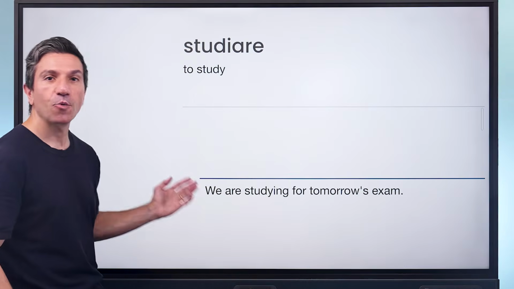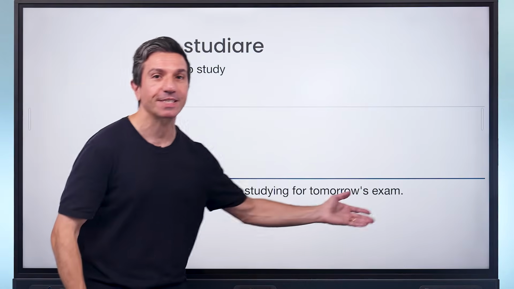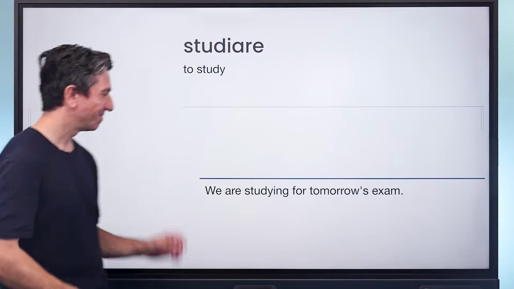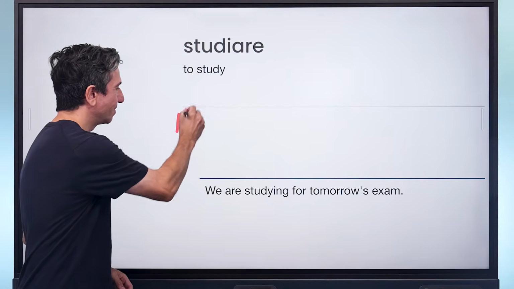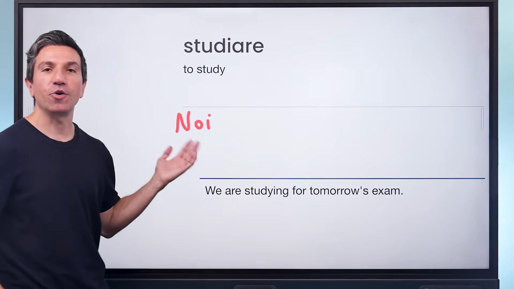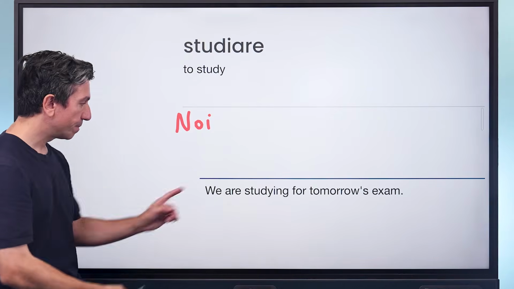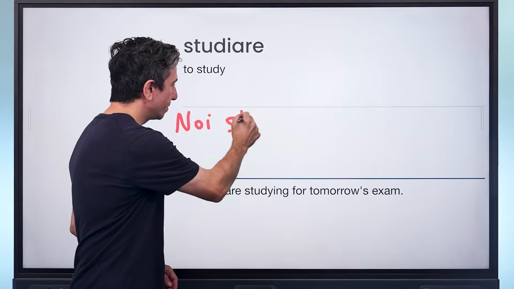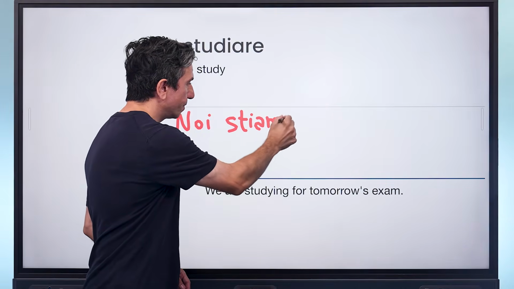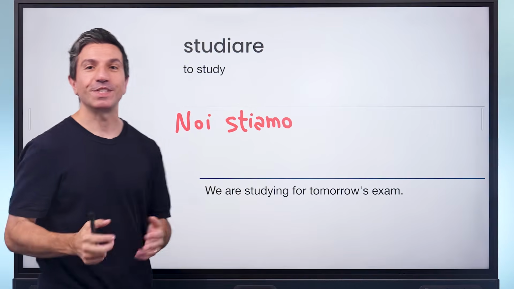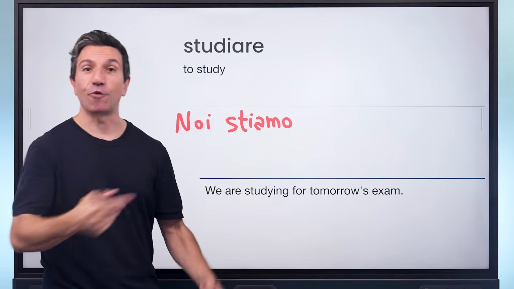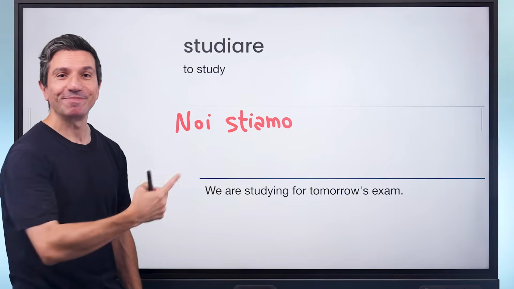Translate. We are studying for tomorrow's exam into Italian. Noi, the subject pronoun, meaning we, followed by stiamo, the present tense of stare for noi, meaning we are. Next.